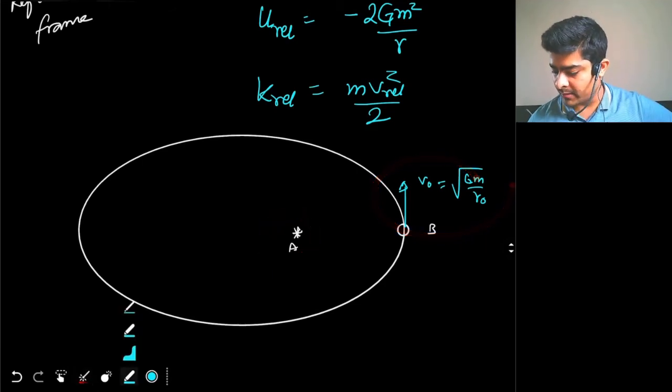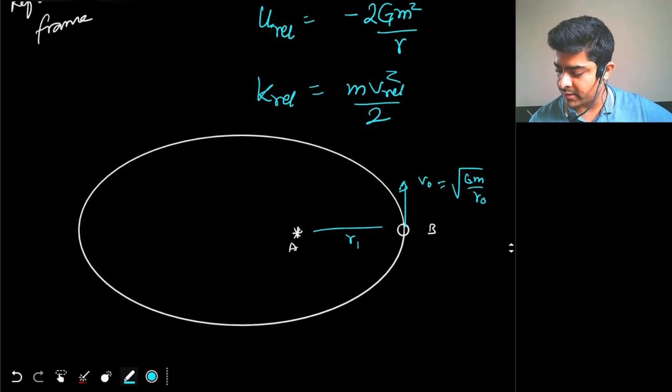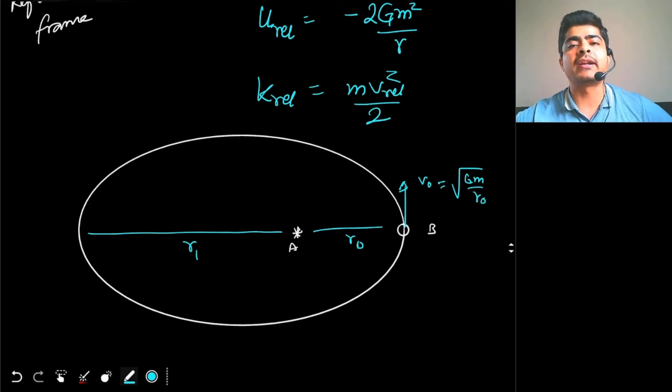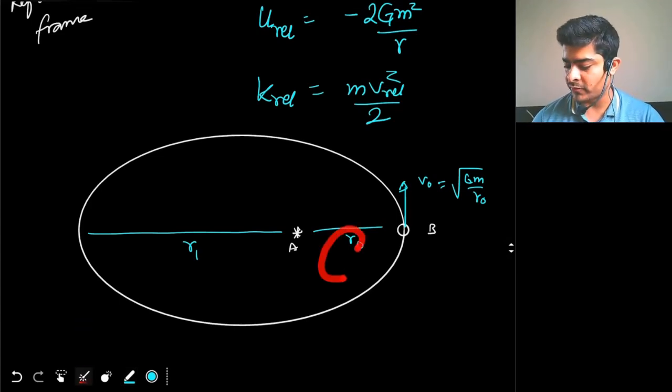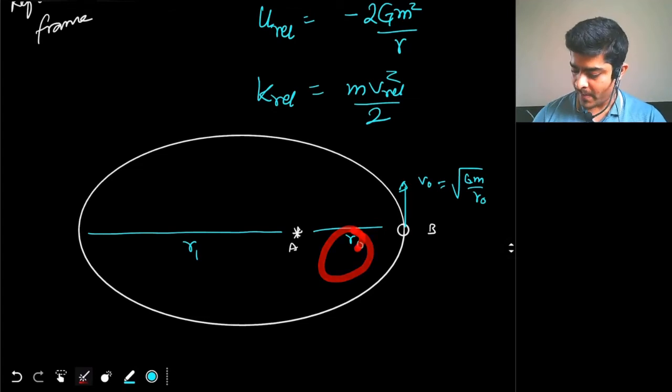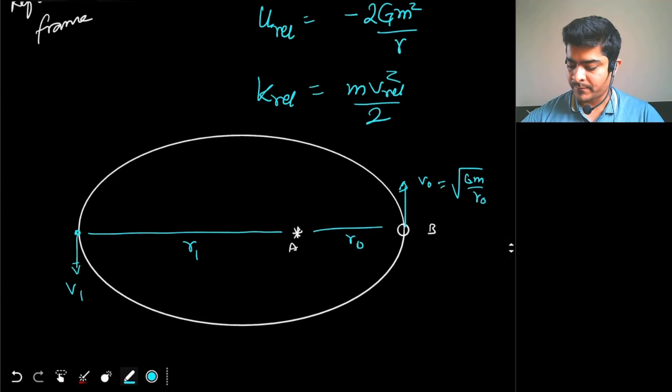The minimum separation over here is r1, which is actually r0, and the maximum separation, or maybe the other separation is minimum, I don't know, let's call it r1. So we have r0 and r1. Obviously, with the minimum and maximum, one of the two answers is r0. Now let's say the relative velocity is v1.